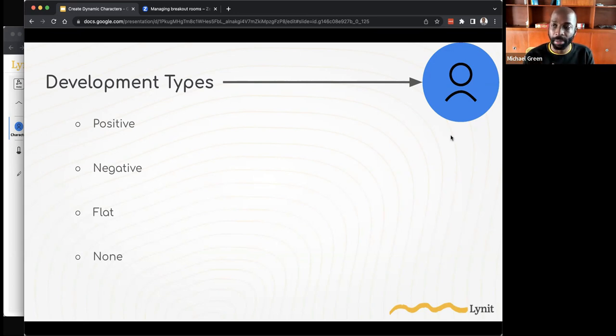Now for flat, it means that the character maintains the same belief, but with flat, how the reader discovers this character's challenges can have the sense of an arc, right? When you first introduce the character, maybe you know the external challenges, or maybe you don't initially.